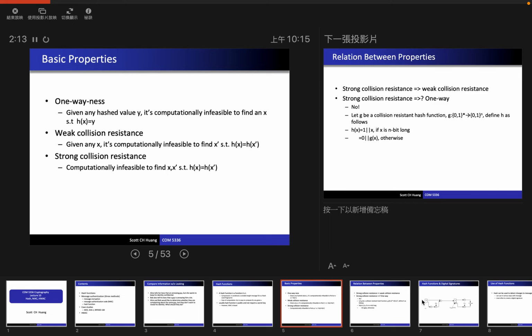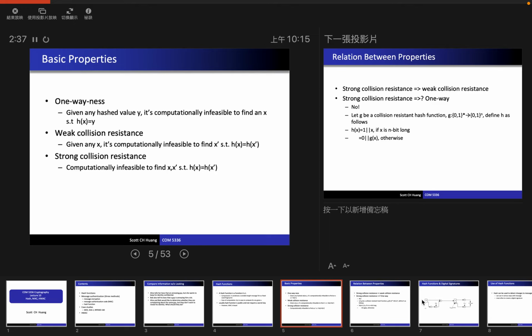Now, we also want to formally define the collision resistance properties of hash functions. We want to theoretically study the invertibility of a function as an analogy.